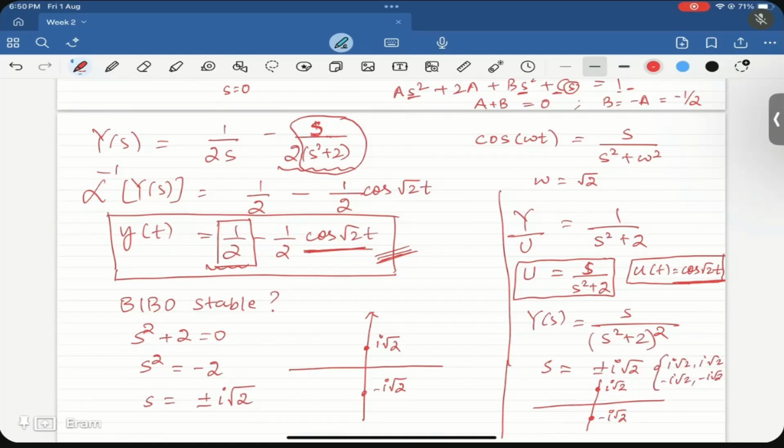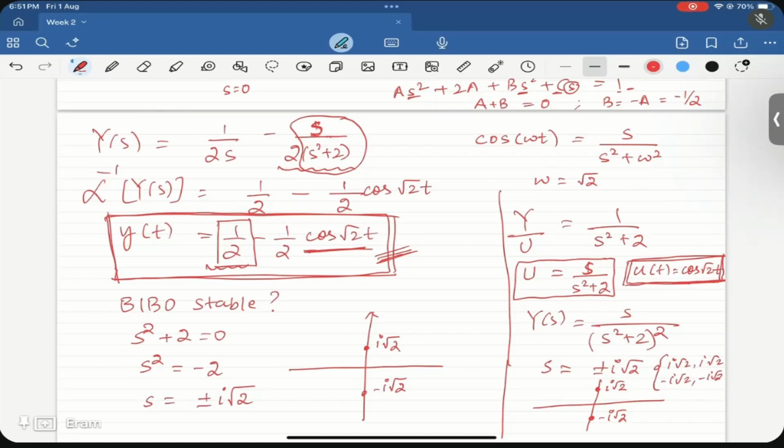So if we have any repeated poles on the imaginary axis, then the system becomes unstable. Even though it was bounded for step input, it will not be bounded for this cos root 2t input.